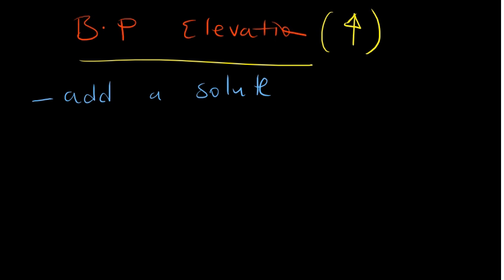So the resulting solution has a higher boiling point than the initial solvent. Let's say we have water. The normal boiling point of water is 100 degrees Celsius. So if you add a certain solute, you may expect that the boiling point will increase slightly.